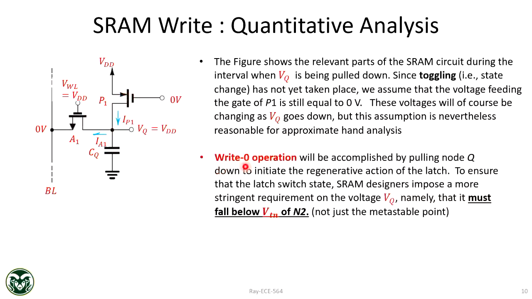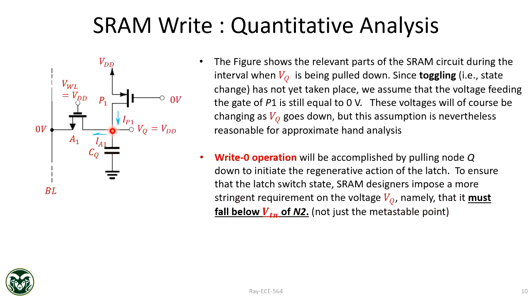So okay, the 0 operation will be accomplished by pulling the node Q down to initiate the regenerative action of the latch, because this is a back-to-back inverter. So you have to pull down this Q to a low enough voltage so that this latch operation starts, and VQ should be at least lower than the transistor N2's threshold voltage.